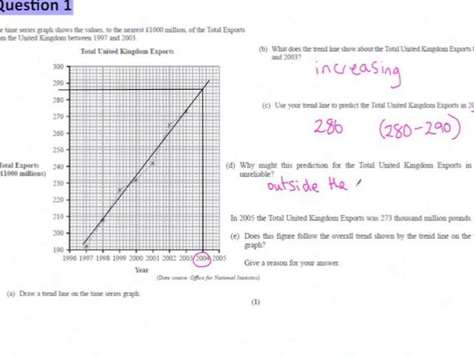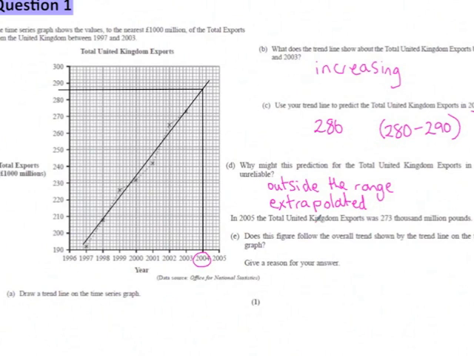We have actually extrapolated, mathematically known as extrapolation, estimating outside the range, and this is unreliable.